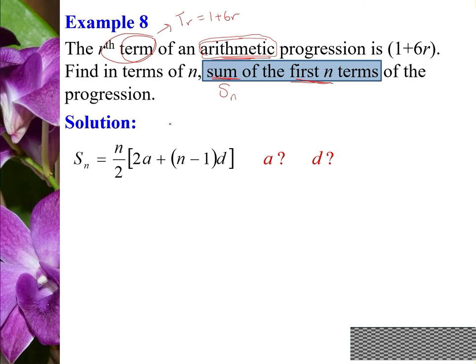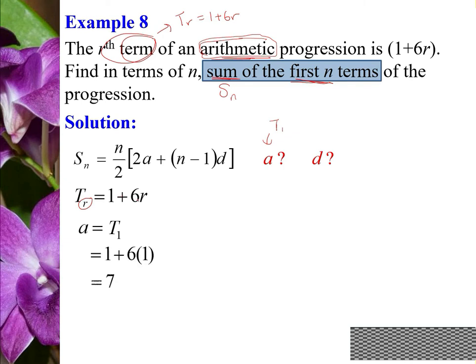So to find the sum of the first n terms, we need to know what is the a and d. How to find the a, which is the first term, and d, which is the common difference. You can get it just by using the general formula of the term. And then to find the first term, you know that the first term means r is 1. Just substitute in r equals 1 here to find your first term.